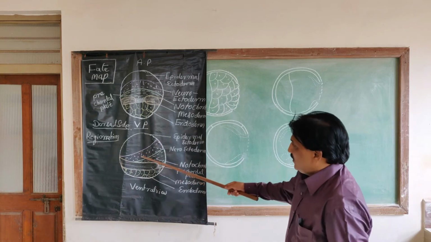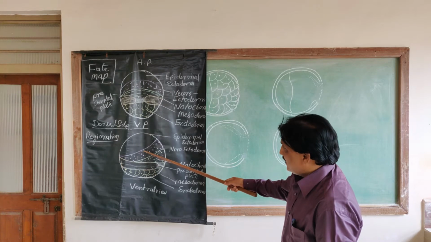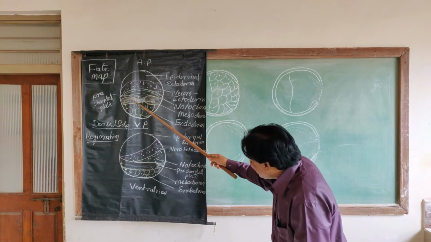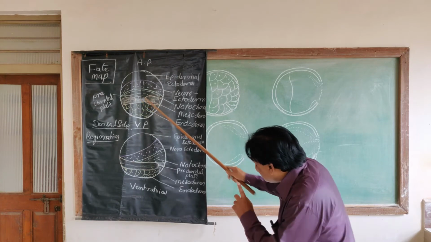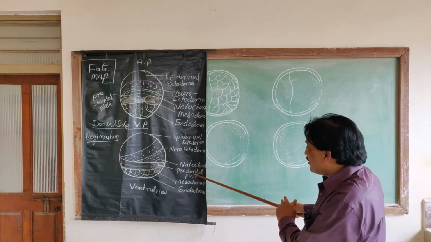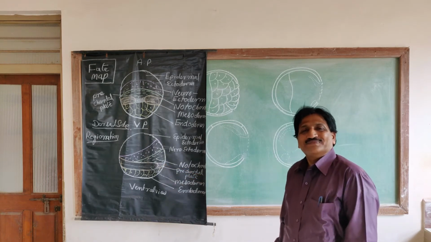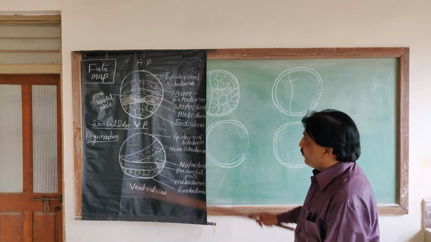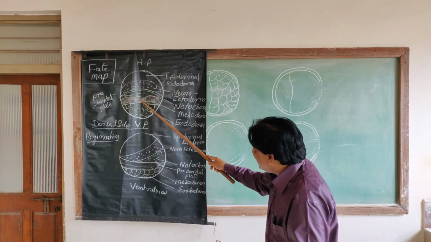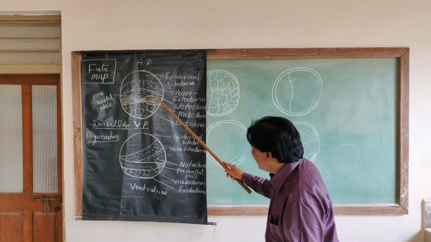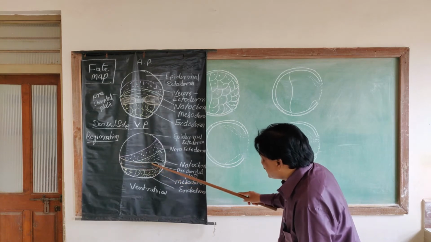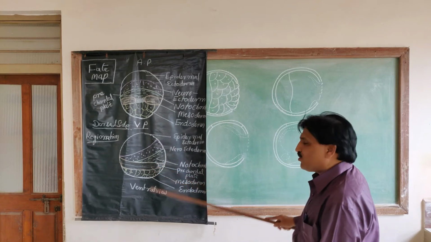Between the notochord and endoderm there is a small area, present on one side, called the prechordal plate. On either side of the prechordal plate, this large band structure is called the mesoderm.